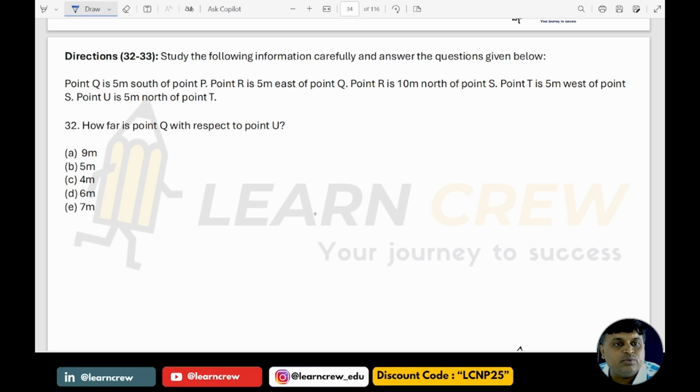Point Q is 5 meters to the south of P. Point R is 5 meters to the east of point Q. Point R is 10 meters to the north of S. Point T is 5 meters to the west of S. Point U is 5 meters to the north of point T. This is 5 meters.